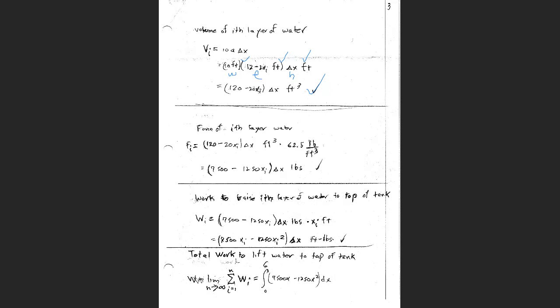So I'm going to take the volume of the ith layer of water and multiply it by how much 1 cubic foot of water weighs. 1 cubic foot of water weighs 62.5 pounds. That's the density.